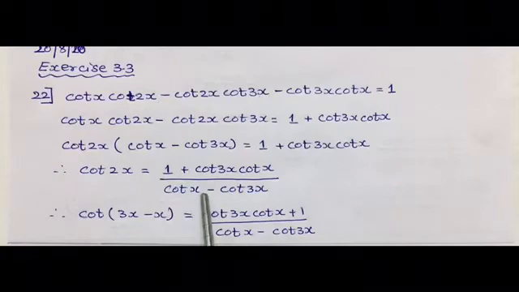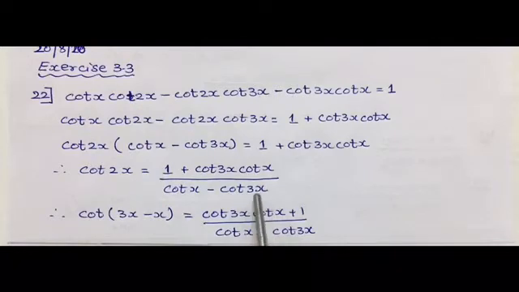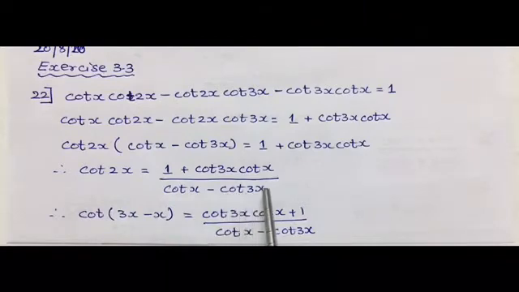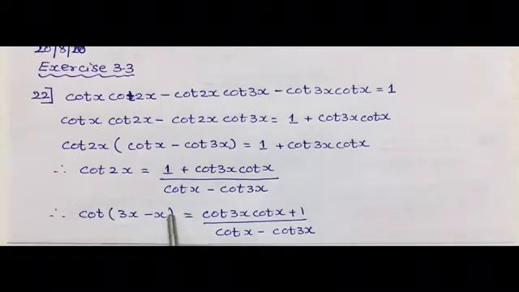Now if you look at this, it is the formula of cot x minus y. In the place of x we have 3x, in the place of y we have x. Now cot 2x can be expressed in terms of angles 3x and x as cot 3x minus x.